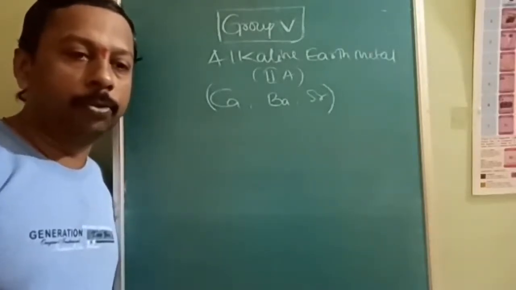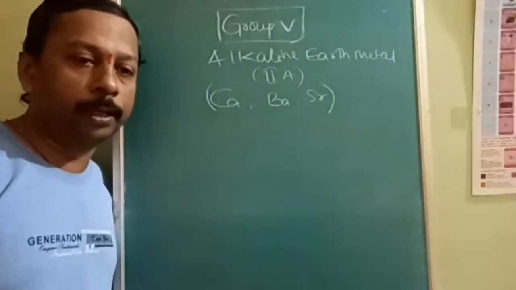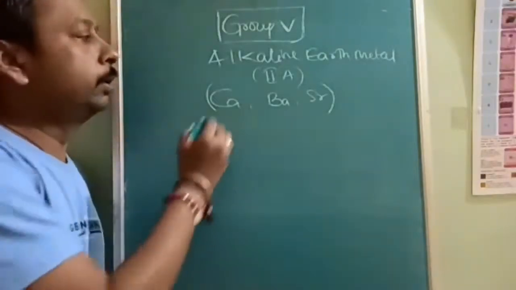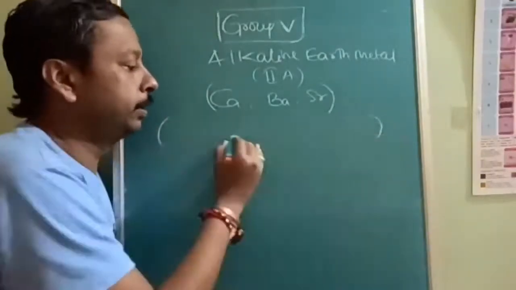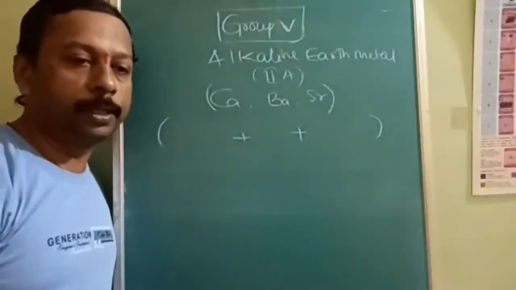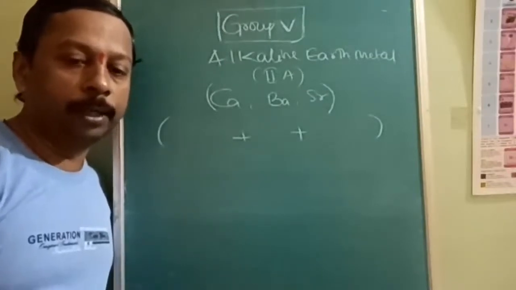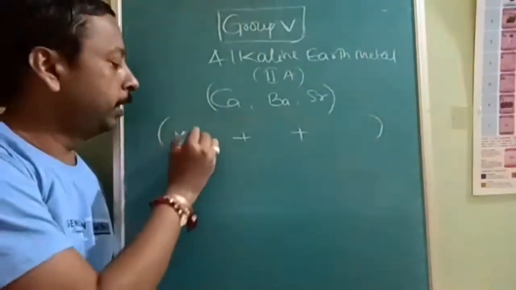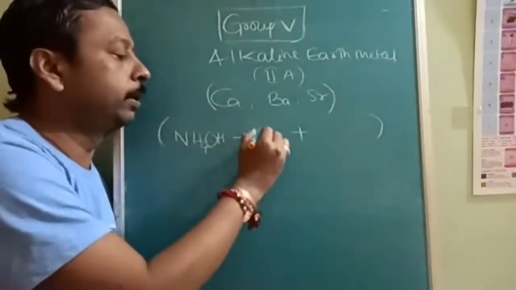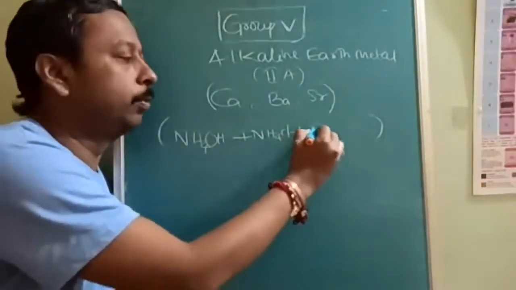As I told you, in every group, two things you have to remember: group metal ions, or group cations, as well as the group reagent. Here the group reagent itself is lengthy. It is a combination of three substances. Normally we find two substances maximum, but in group 5, the group reagent is: first, NH4OH, ammonium hydroxide; second, NH4Cl; and third, (NH4)2CO3, ammonium carbonate.